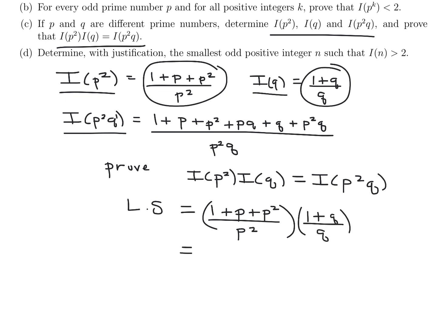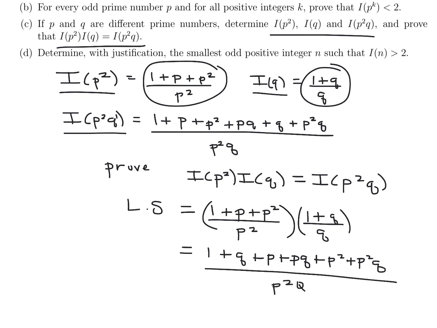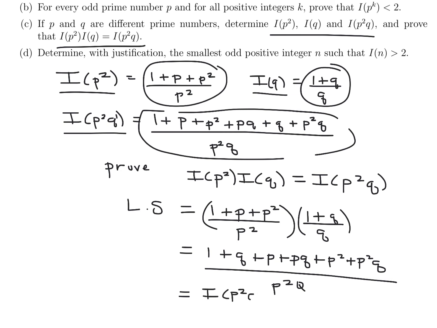And let's expand this. When you expand it, you get, let's see here, 1 plus p plus p squared plus q plus pq plus p squared q all over p squared q. And that looks to me like essentially this, which is I of p squared q. So this is pretty much all you need to do to prove what they want in part C.